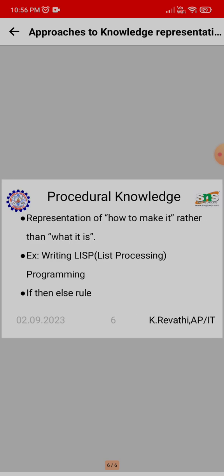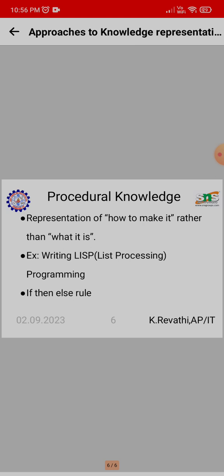Then procedural knowledge. The procedural knowledge approach uses small programs and code which describe how to do specific things and how to proceed to solve a particular problem. In this approach, one important rule used is the if-then-else rule. In this knowledge, we can use various coding languages such as LISP and Prolog.